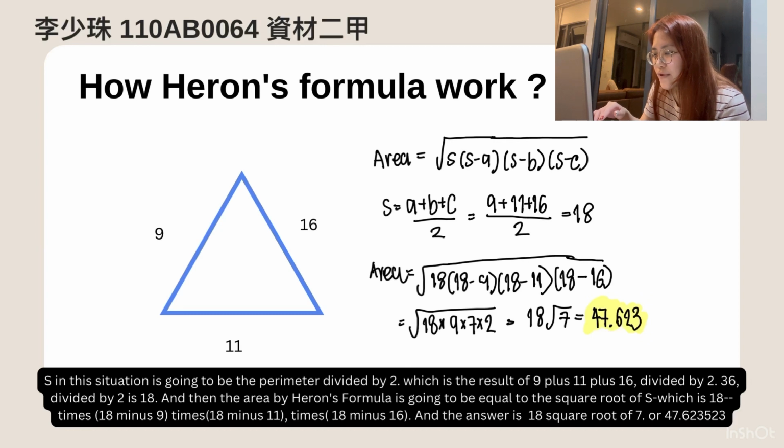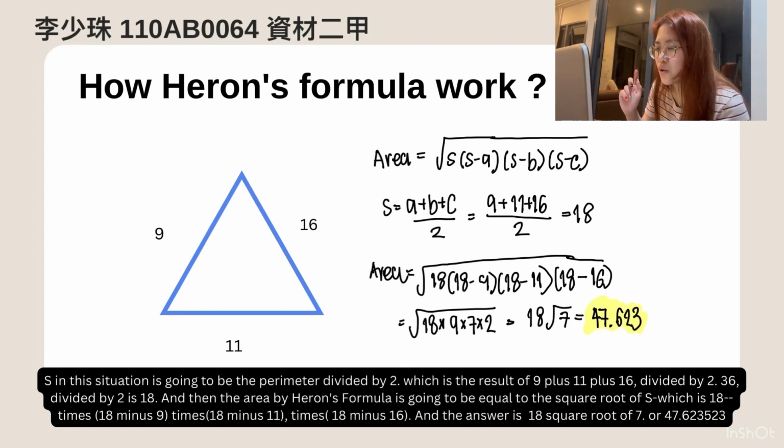Then the area by Heron formula is going to be equal to the square root of S, which is 18, times 18 minus 9, times 18 minus 11, times 18 minus 16, and the answer is 47.625.